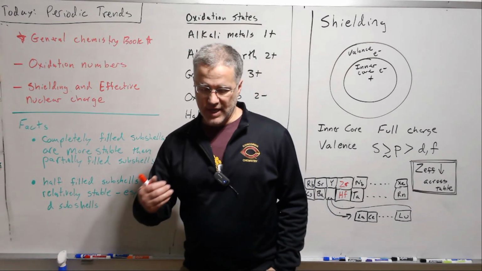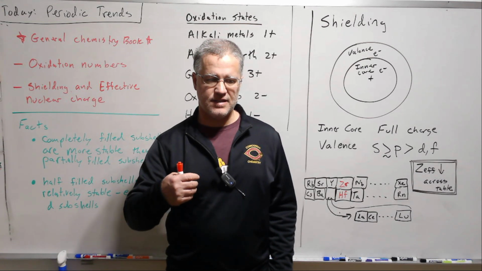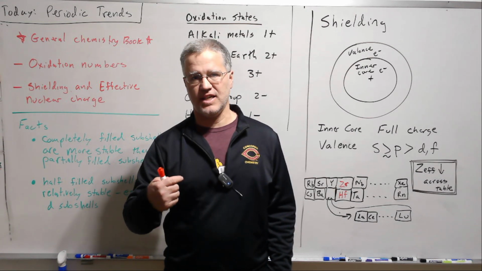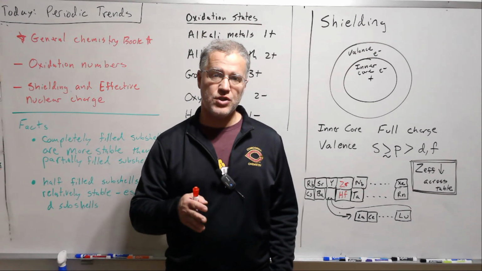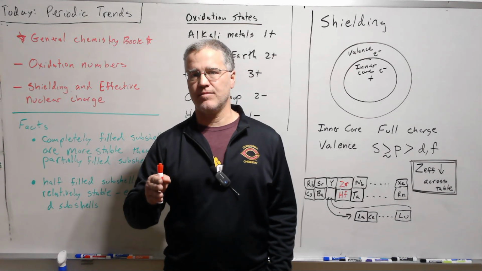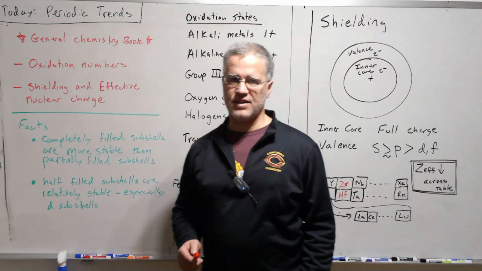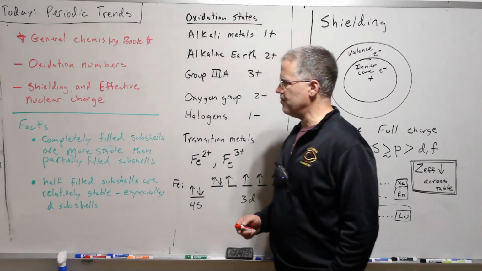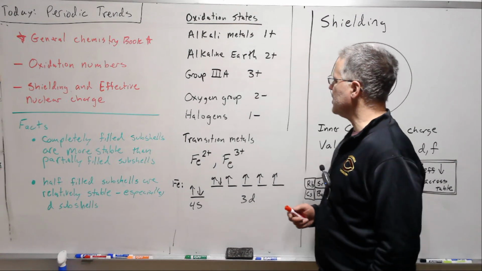Now, you might say, okay, well, let's fill the subshell and make a -1 oxidation state, because then we'd at least fill the s subshell, which is true, you would fill it, but it is nowhere near as stable as losing an electron and creating the noble gas configuration, which is easy for it to do. So in nature, these will always be found as a 1+.